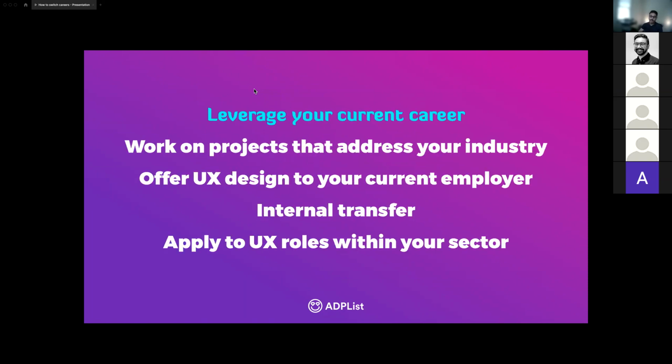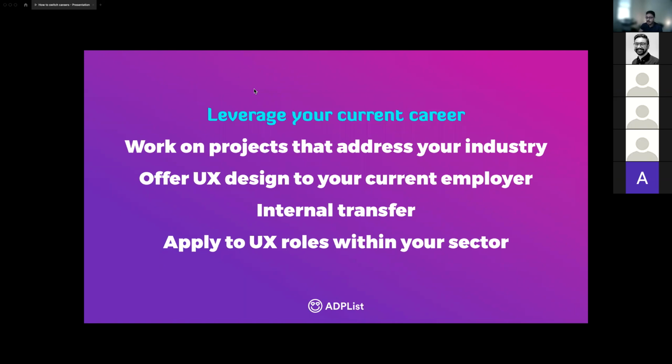So first, begin on projects that address your industry. If you work in hospitality, maybe you should redesign an app for Toast or maybe Grubhub, to reimagine the pain points in the hospitality industry that you, as someone who's in that world, have specialty and expertise in.